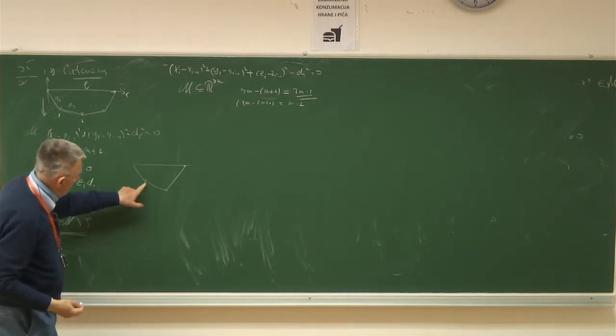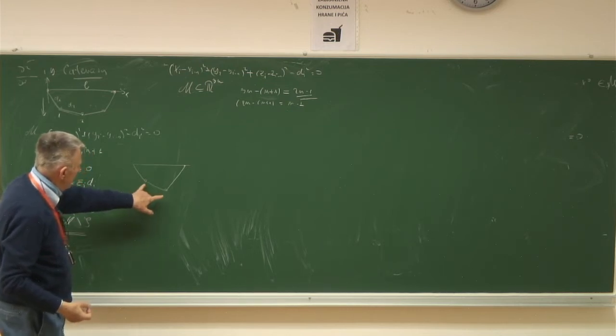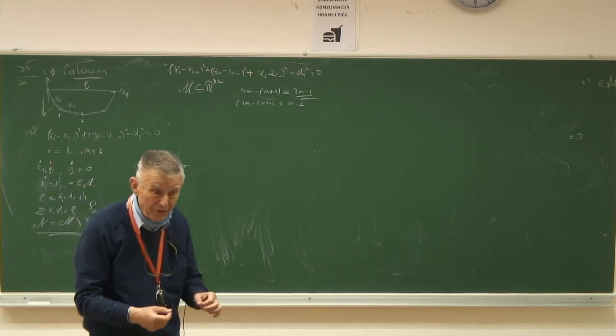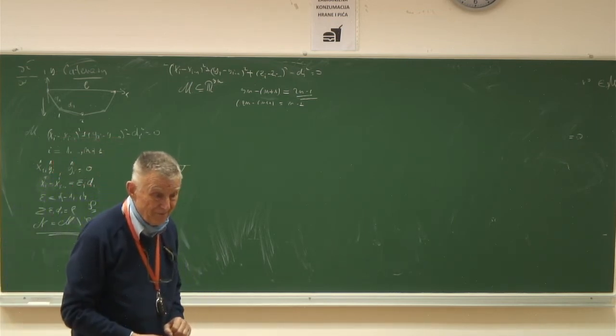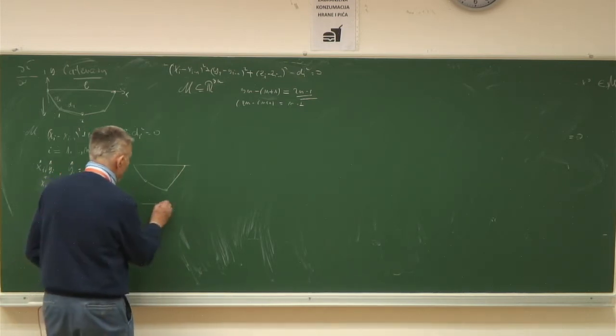So this means that the set on which this is moving is a curve. It has only one degree of freedom. And you have just one point.